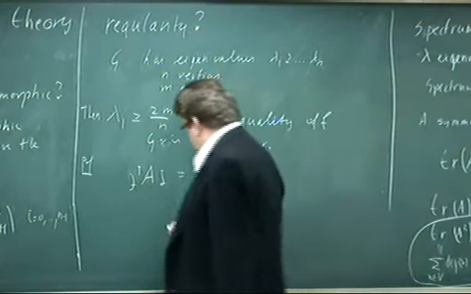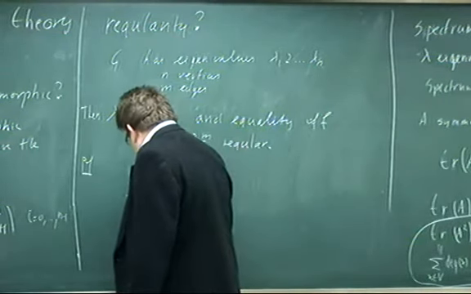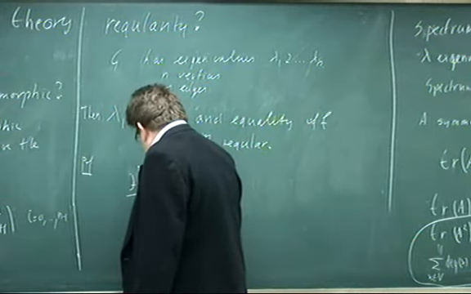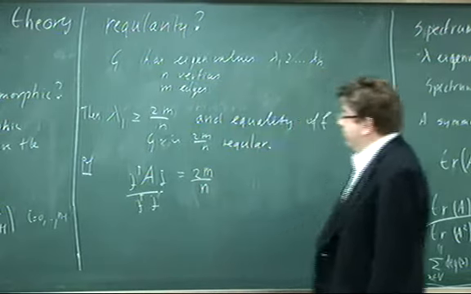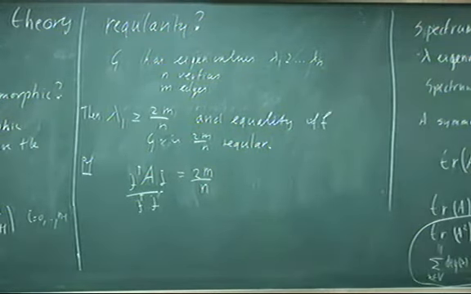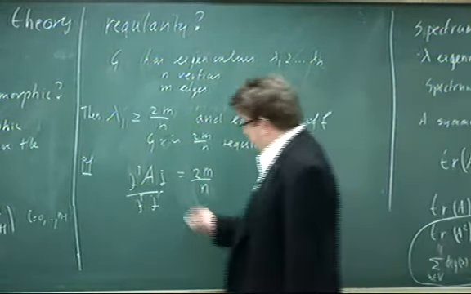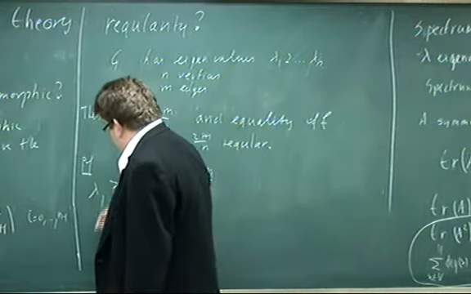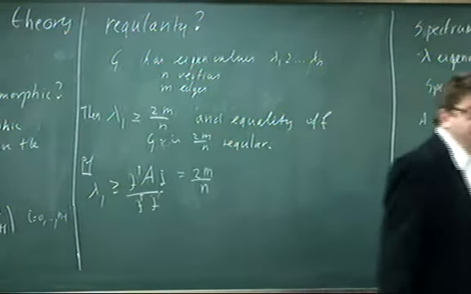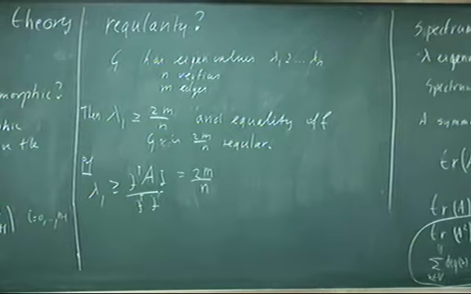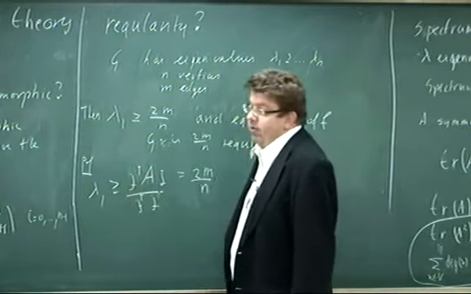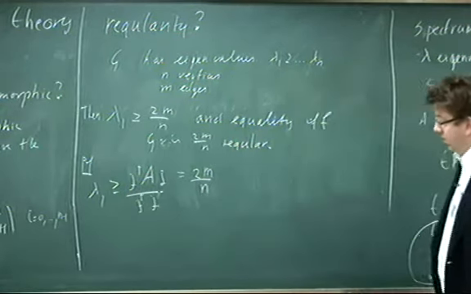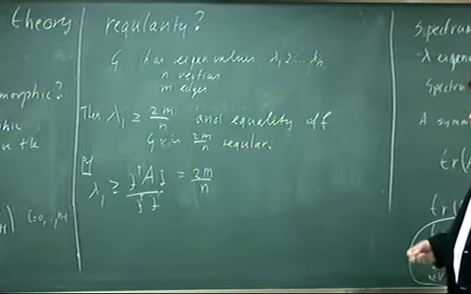And then, if I divide it by this one, then this is this. But we know that this is always less or equal to lambda 1, because lambda 1 is its largest eigenvalue, and I can always decompose J as a sum of eigenvectors.